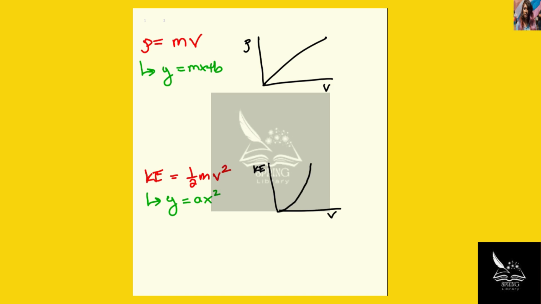Now, it's also worthwhile to note that momentum is a vector, so it has magnitude and direction, and kinetic energy is a scalar, so it just has magnitude. So off the bat, you can see that these two functions are fundamentally very different measures of how an object moves.